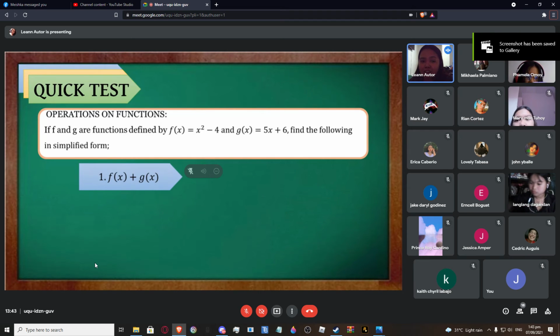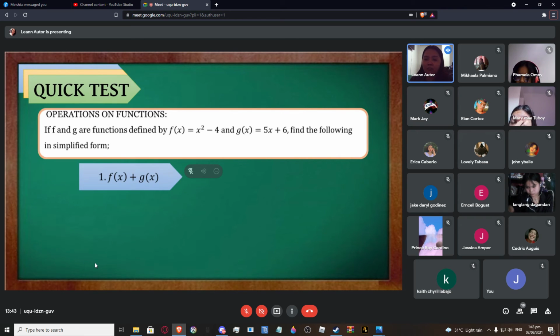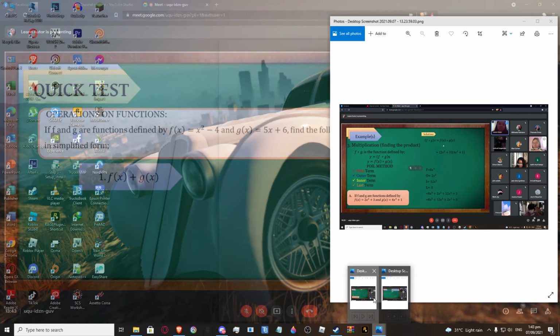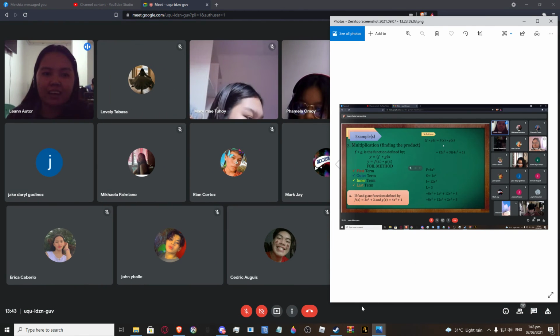Same function ang gamiton, f of x is equal to x squared minus 4, and g of x is equal to 5x plus 6. Inyong i-solve ninyo using subtraction and then multiplication and division. Okay? Understand? Yes, ma'am. Clear as crystal?